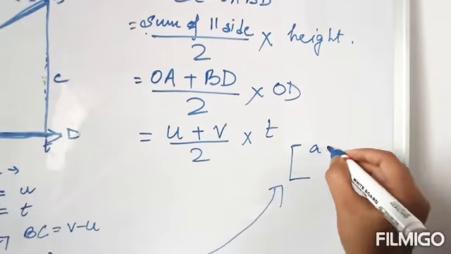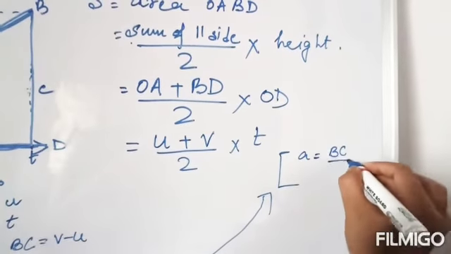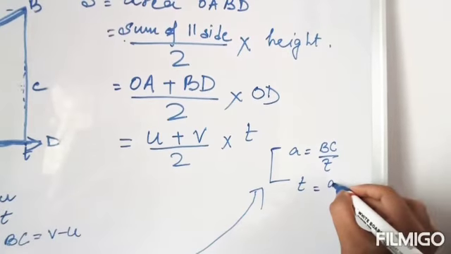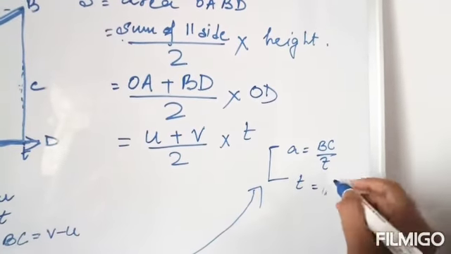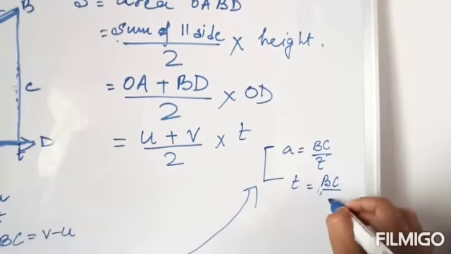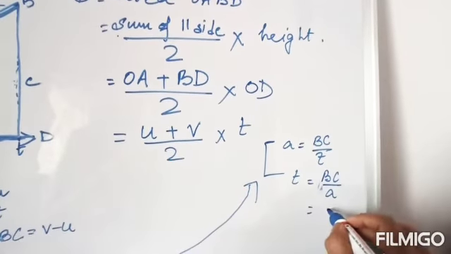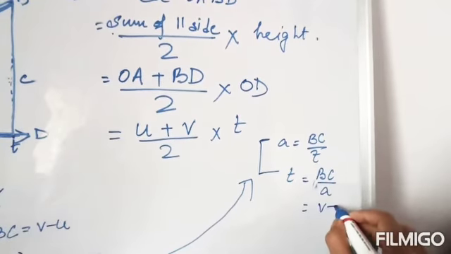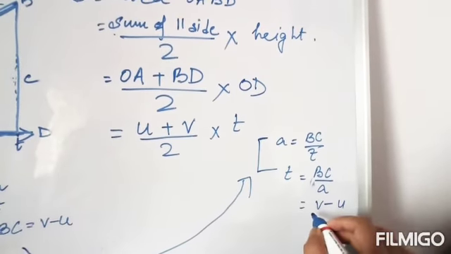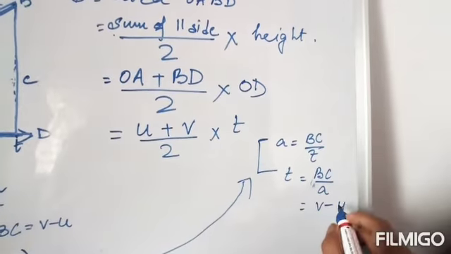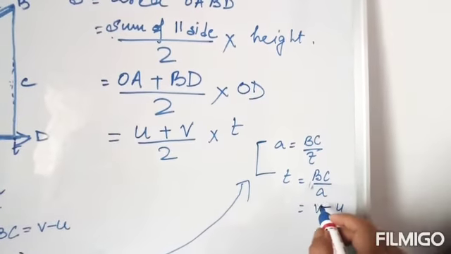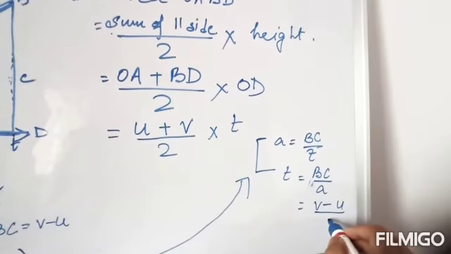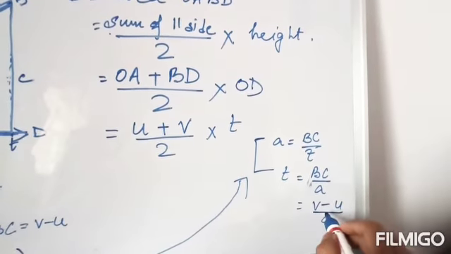If A is equal to BC by T, then T is equal to BC by A, correct? Now what was BC? BC was V minus U, right? So T is V minus U by A.